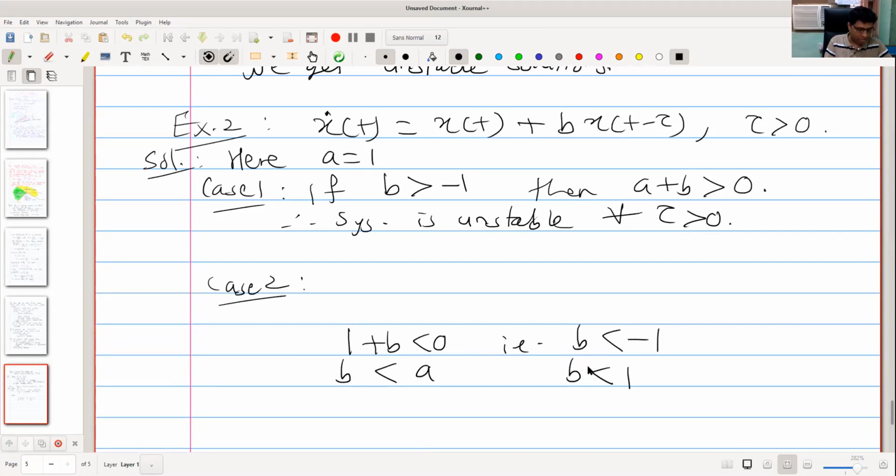Wait, not this, sorry. The second thing is a plus b is less than 0 and b greater than or equal to a. So what is meant by b greater than or equal to 1?